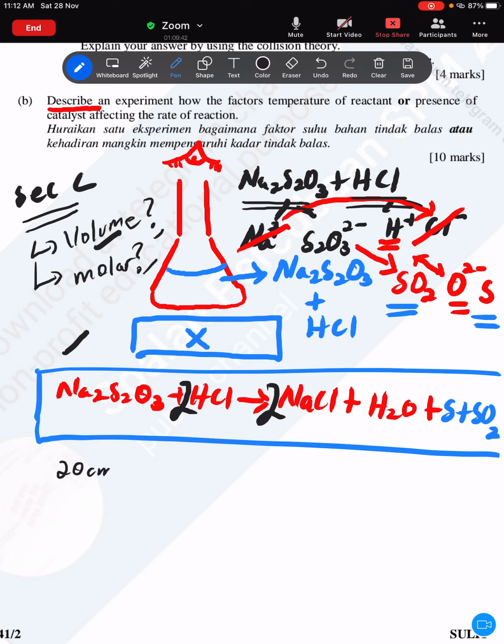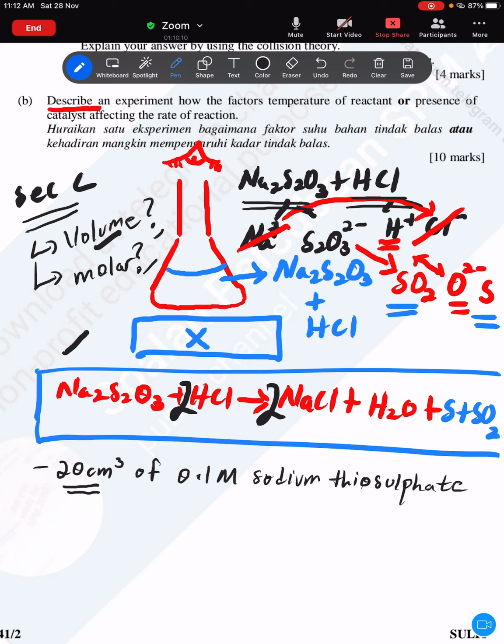I will say 20 cm cubic of 0.1 molar sodium thiosulfate. Guys, this is logical. Of course people use a small beaker, 20 cm cubic.